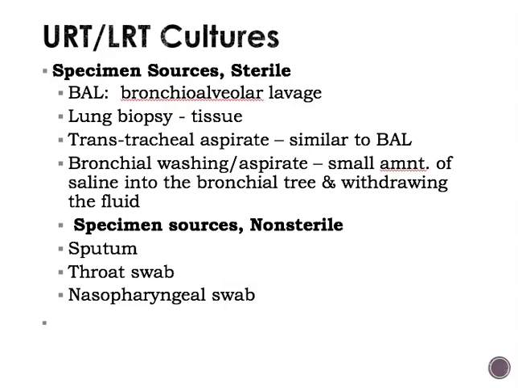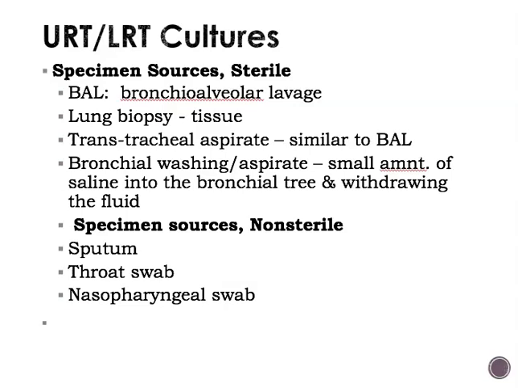So sterile, we have the BAL or bronchoalveolar lavage, where a bronchoscope is passed through the mouth or nose into the lungs. A large volume of saline is squirted into a small part of the lung and then collected for examination. You've got a lung biopsy where there's a piece of tissue taken for examination.